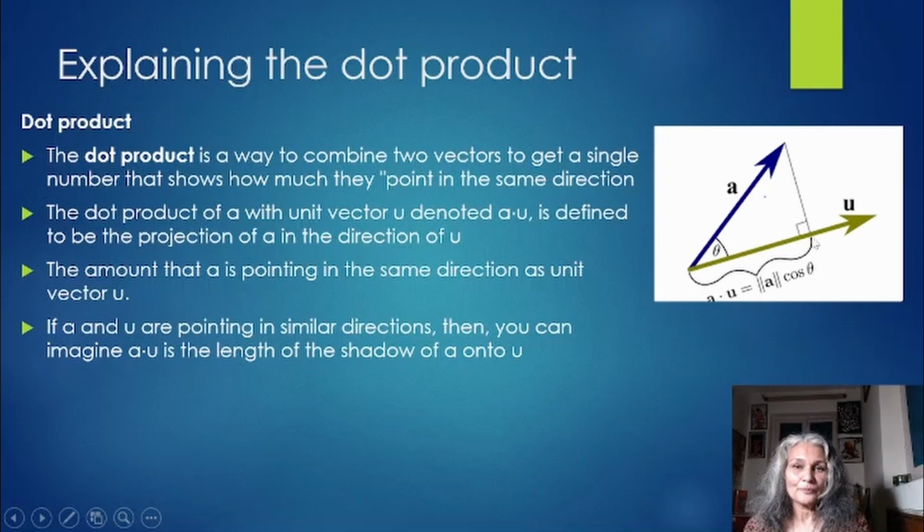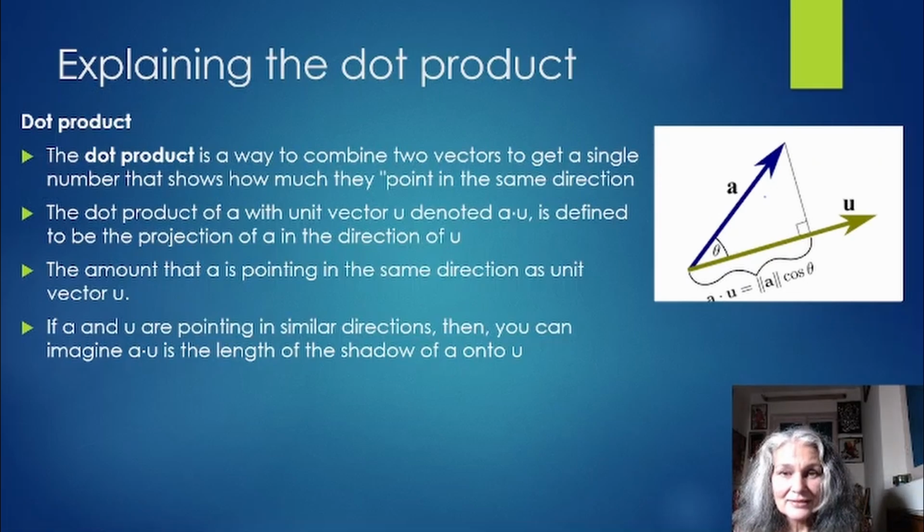It represents the extent to which the vector A is pointing in the same direction as the unit vector U. If A and U are pointing in similar directions, then A dot U is the length of the shadow of A onto U. So A dot U is basically the length of this shadow.